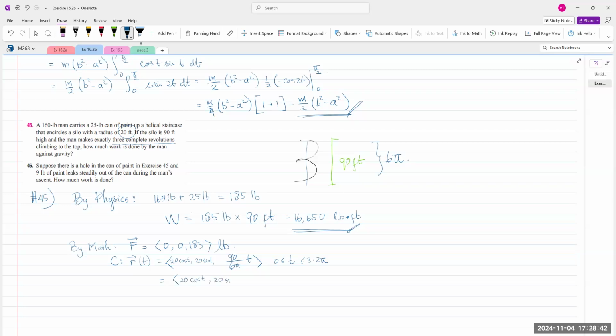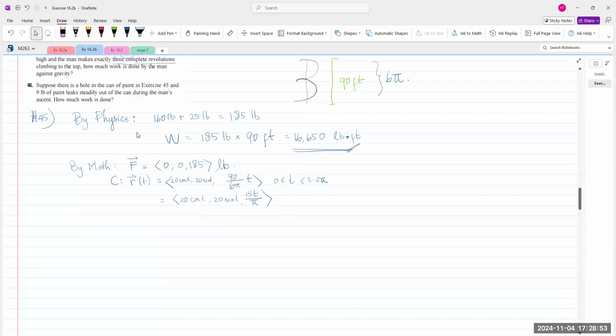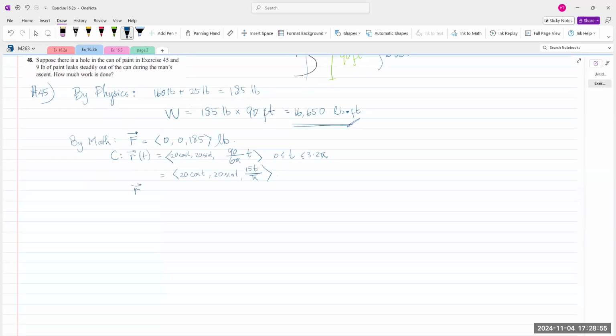Reduced by 6, it will be 15t over pi. Now from here, what is r prime t? r prime t is negative 20 sine t, 20 cosine t, and 15 over pi.